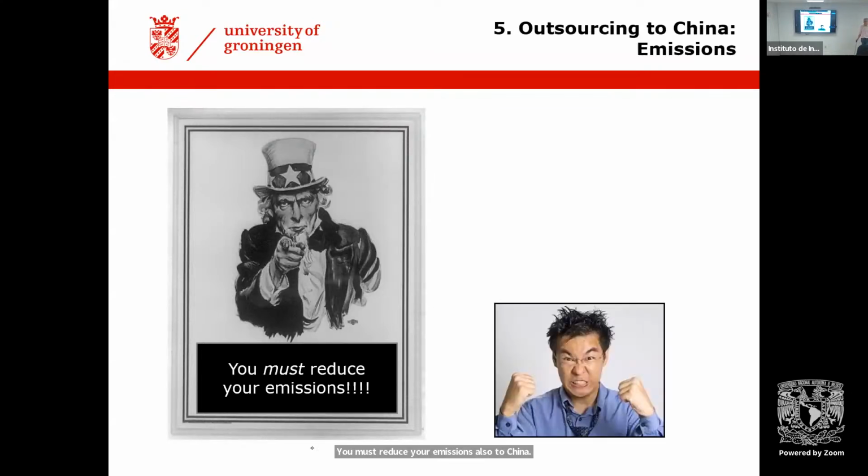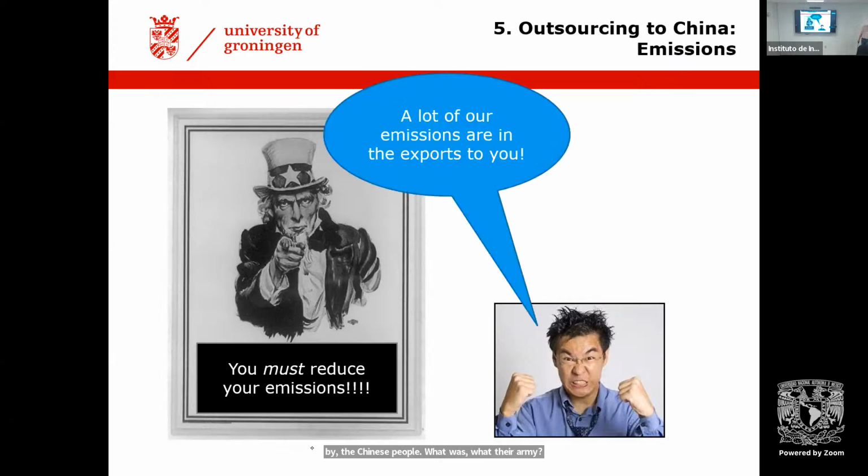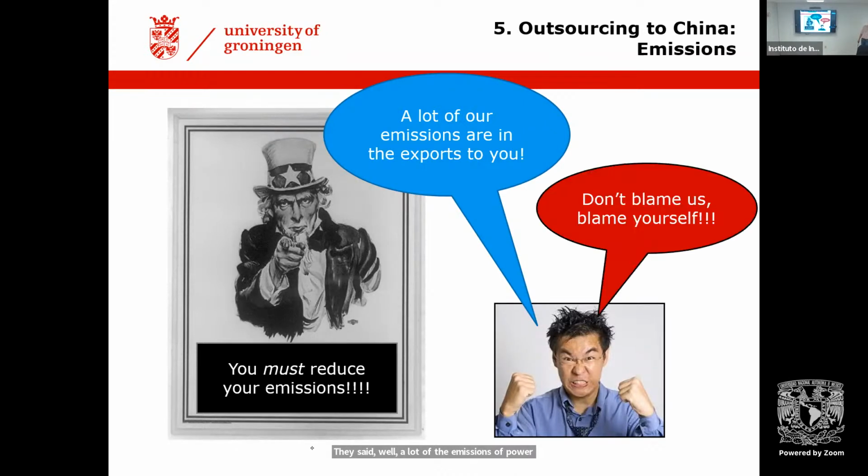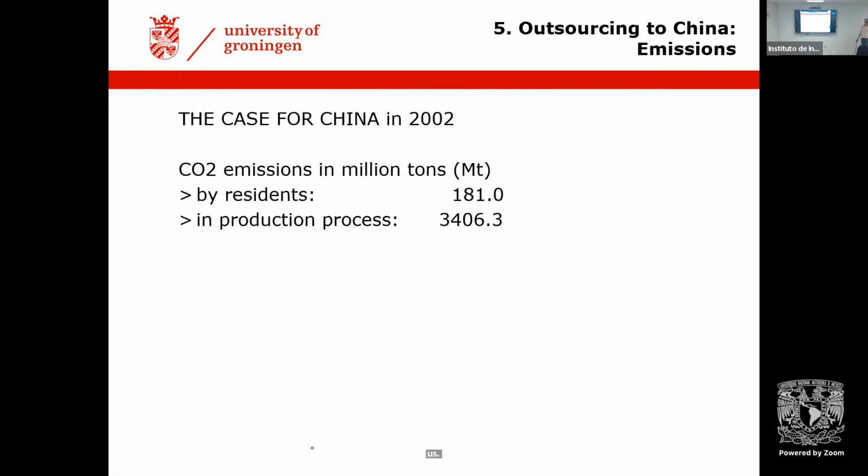Of course, this was the response by the Chinese people. What was their argument? They said, well, a lot of our emissions are in the exports to you. So don't blame us, blame yourself. And that is basically what we're going to check in this paper.